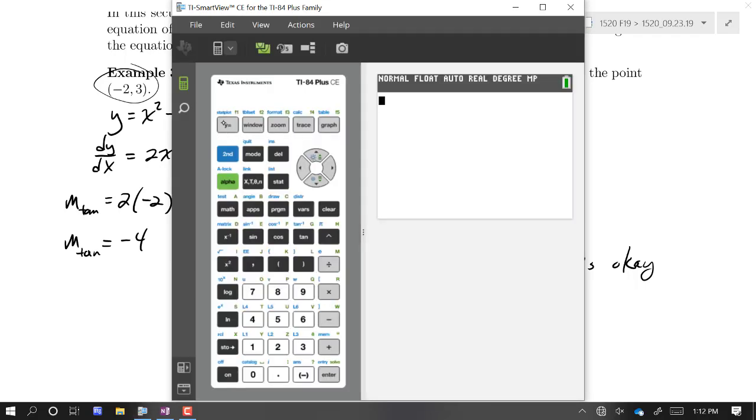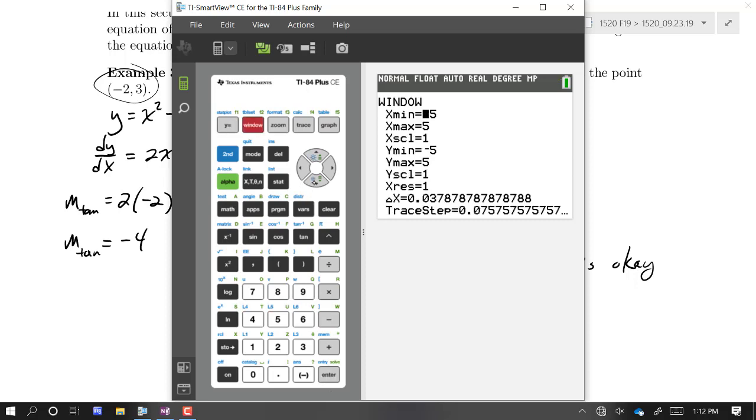So I'm going to take just a moment here, and let's see, when we're doing a problem like this, we should be able to see very visually that our result is correct. If I plot the graph of x squared minus 1, and then on top of that I plot the graph of our line, negative 4x minus 5.